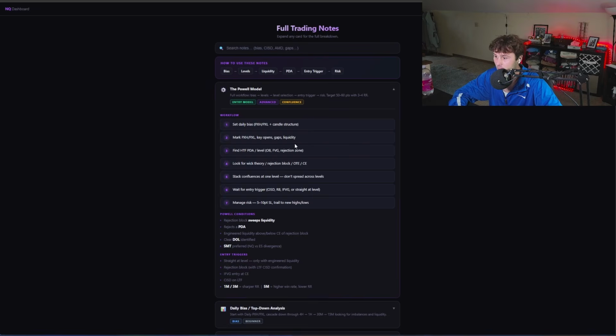And which key opens are we marking out? Okay, we're going to cover this a little bit later, but I'll tell you right now, it's going to be the yearly open, the monthly open, the weekly open, the daily open. You can do New York open, 10 a.m. open, midnight open. I think those are most of them. So pretty much every key open you want to mark out.